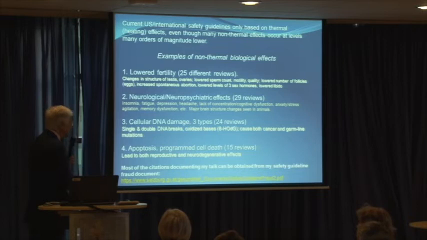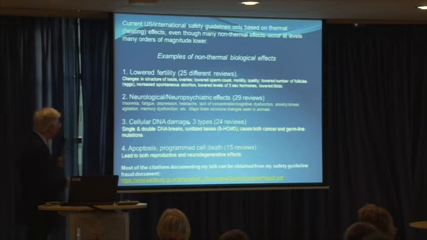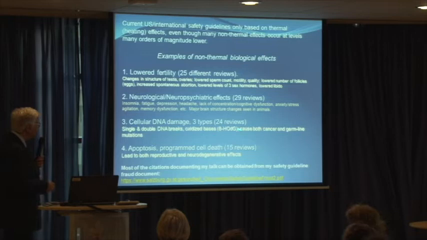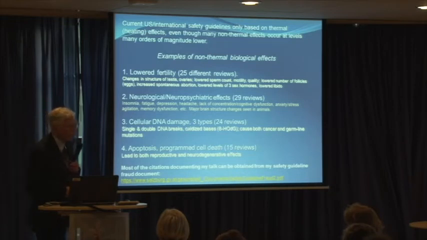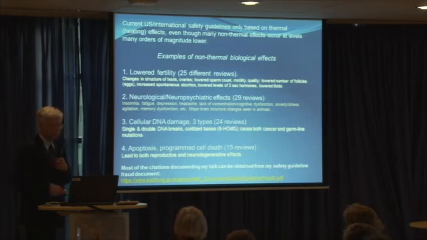And not surprisingly, you get cellular DNA damage of 3 different types, 24 reviews on that. These include both single and double-strand DNA breaks and oxidized bases. And all of these cause important kinds of mutations in human genetics. And all of these also produce important mutations at the cellular level that are important for cancer causation.